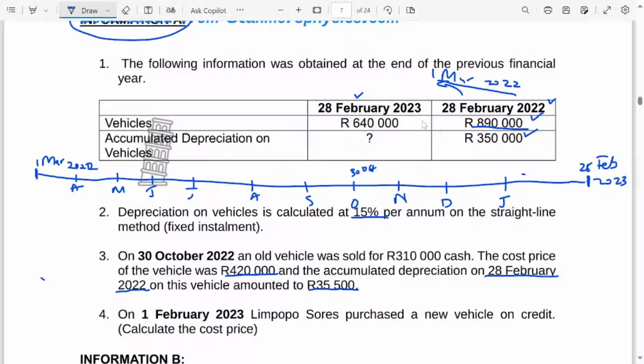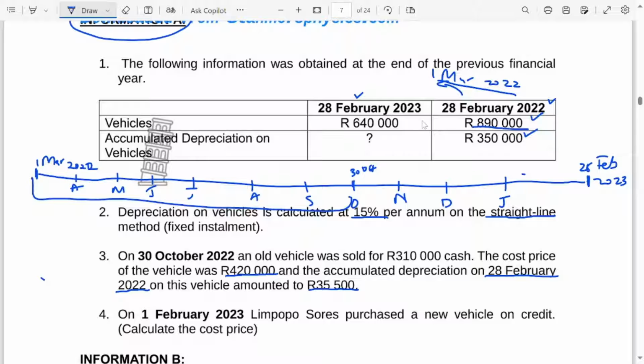Remember, they said that for the vehicles we're using the straight line method, so meaning that we don't subtract the accumulated. So we are going to count how many months this asset that is being sold stayed in the business in the current year. It was sold on 30 October, meaning that it stayed from 1 March to 30 October.